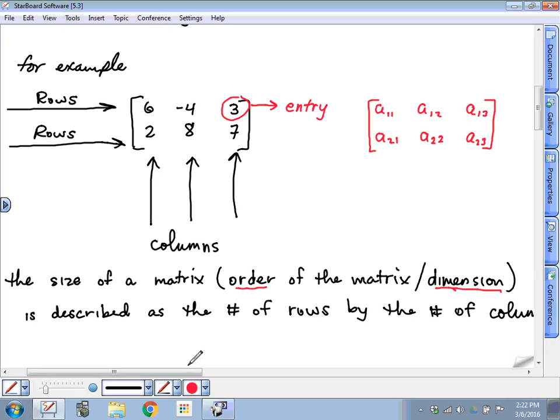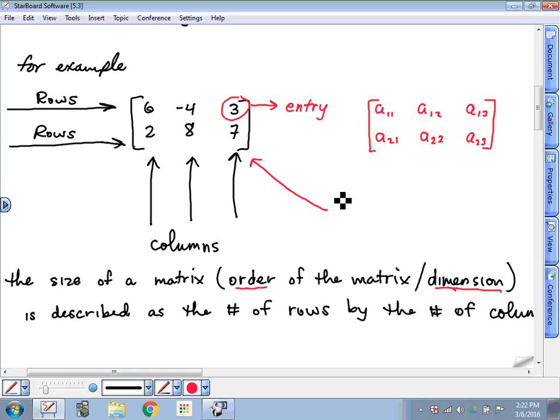And it's important to be able to identify the size of a matrix. Maybe not for today's lesson of 6.1, but for 6.2, especially, when you have to add or subtract or multiply two matrices together, you need to be able to describe the size of the matrix. So this matrix here that we're looking at, this one that I'm circling, it has 2 rows and it has 3 columns.